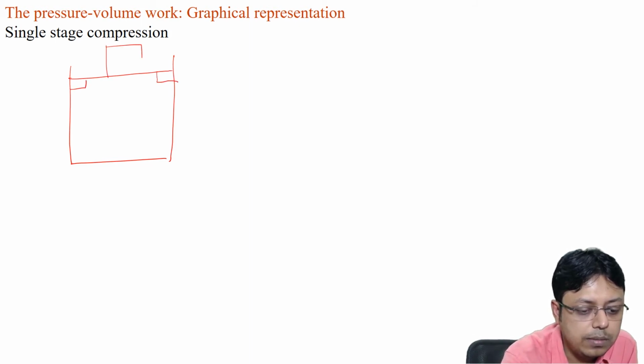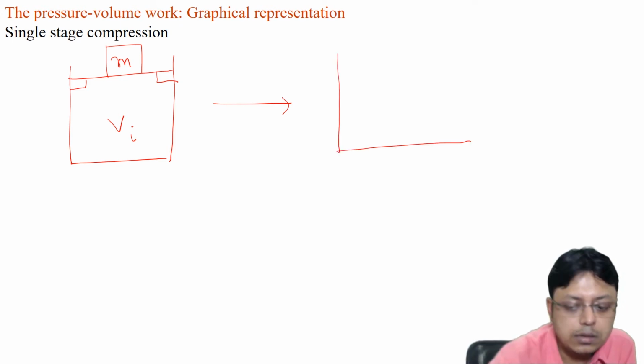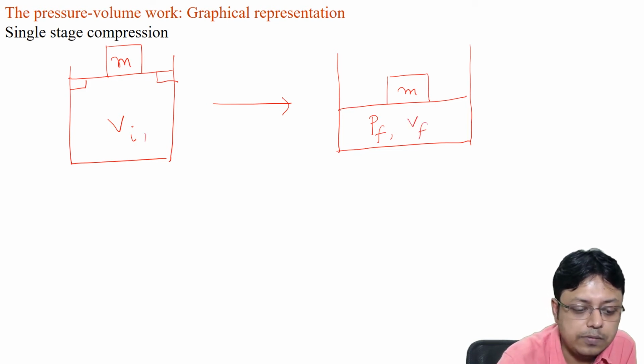So we have a mass, and the initial volume is suppose V1, and then we let the piston fall until the pressure exerted by this mass is equal to the final pressure of the gas, which we denote as PF. The associated volume we denote as VF.